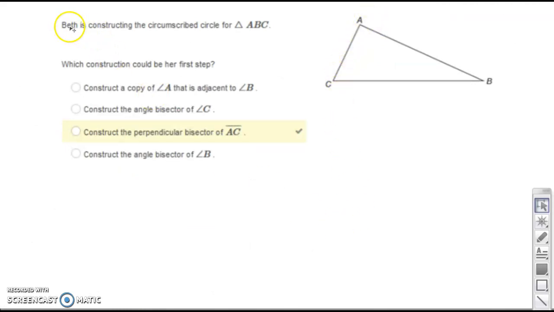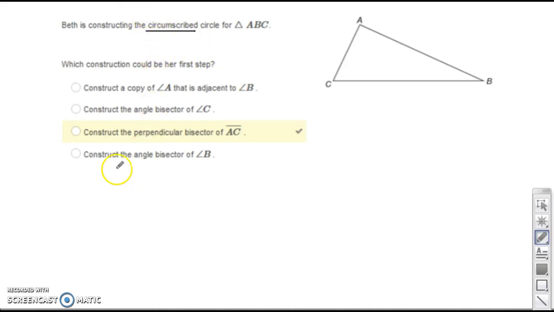The first question says, Beth is constructing the circumscribed circle. So that's that circle on the outside that goes through the vertices. Which construction would be her first step? Well, if we're dealing with the circumscribed circle, we need the circumcenter.